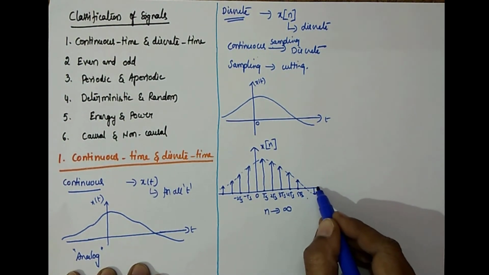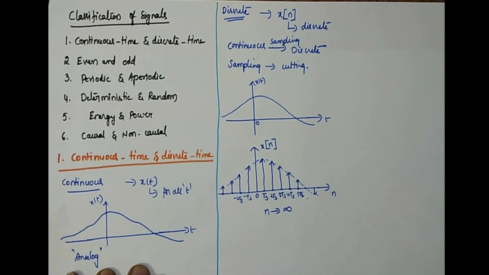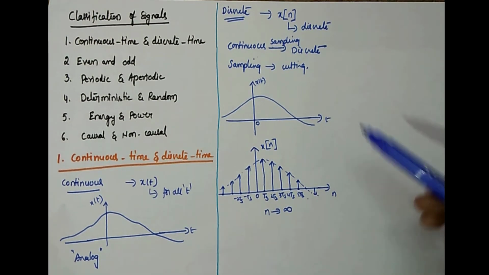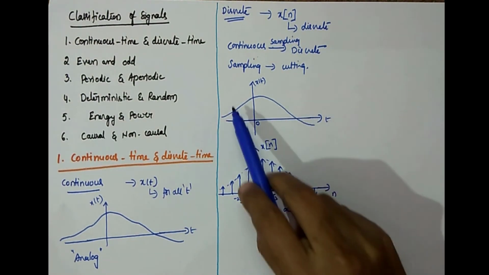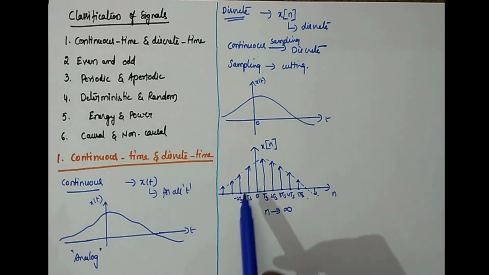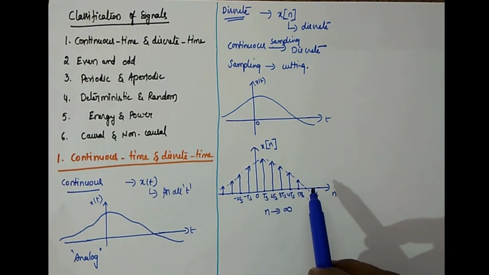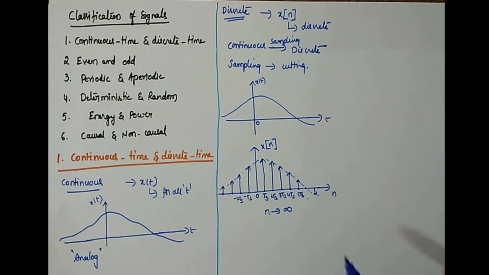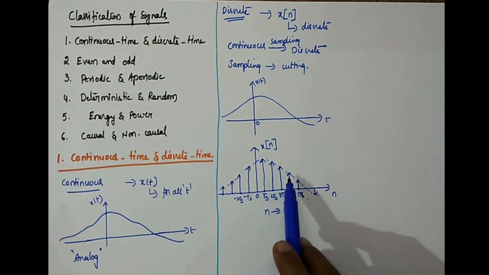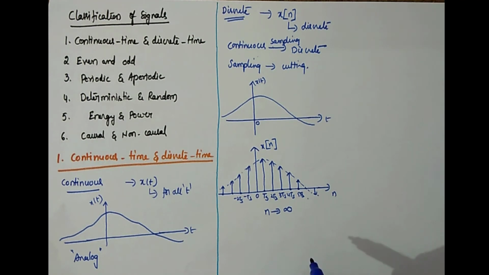So the axis here is now n. Okay, see the difference? Here the signal is existing for all values of t, but here the signal is not existing for all values of n. It is existing only at discrete intervals. And remember, this cutting must be at equal intervals.